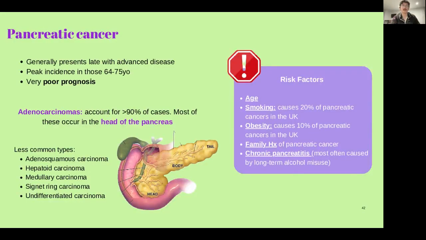And most pancreatic cancers are adenocarcinomas, because the pancreas is a glandular organ, and adeno means gland. I probably wouldn't go into too much detail about the less common subtypes, but the most common one is adenocarcinoma.